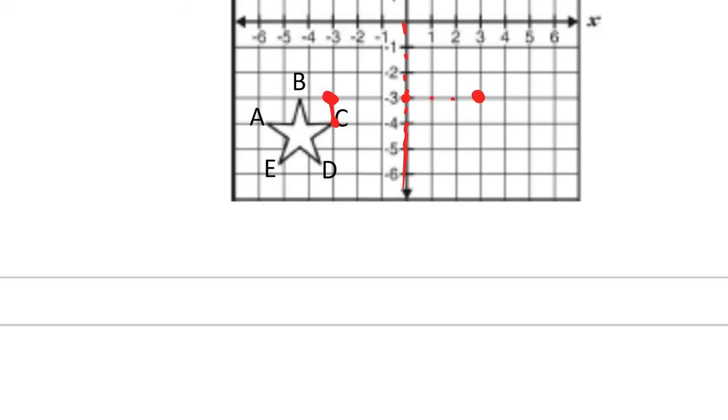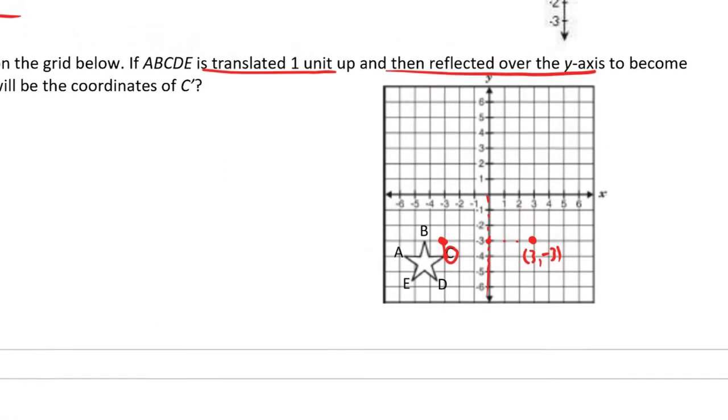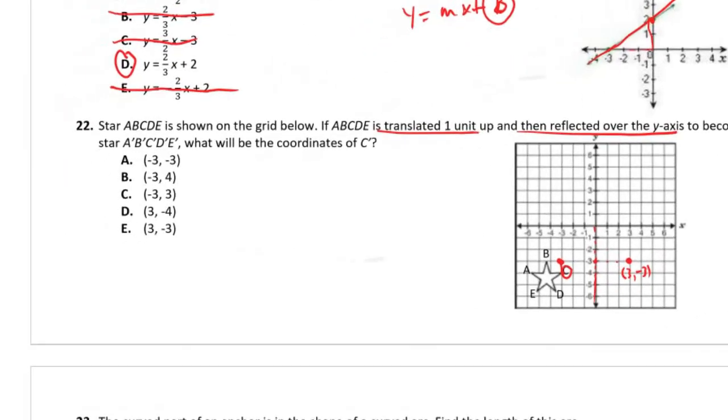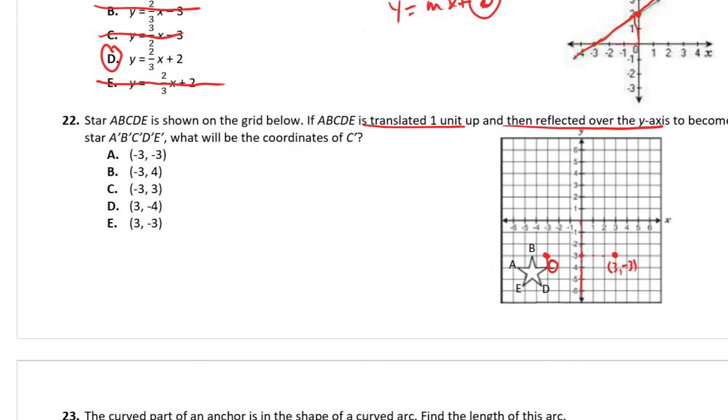It's going to land over here. If I move point C up 1 and reflect, it's going to land at 3, negative 3. They gave you a bunch of things that might confuse you, but it's 3, negative 3.